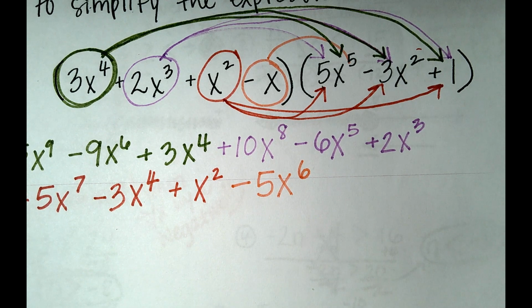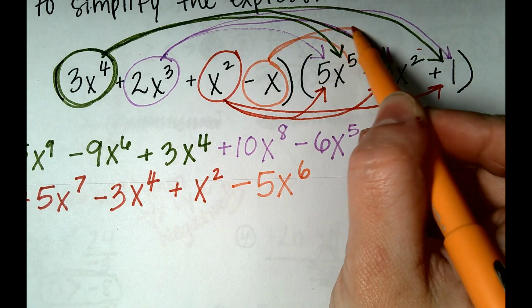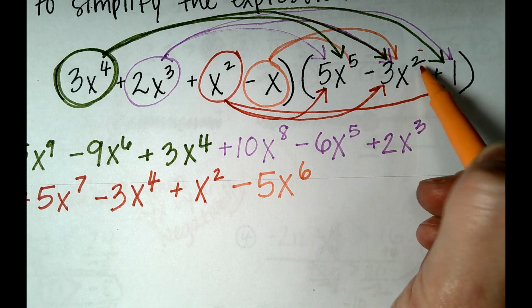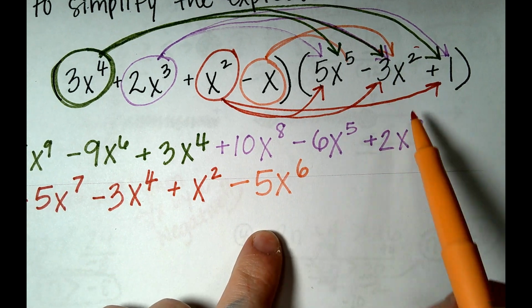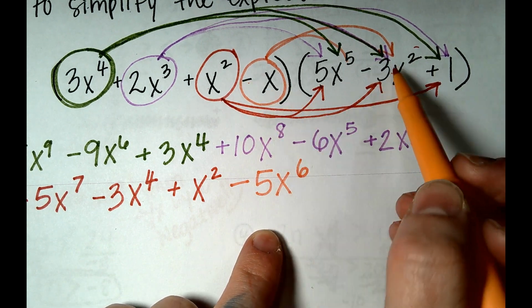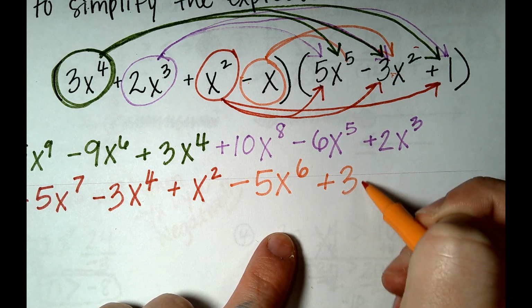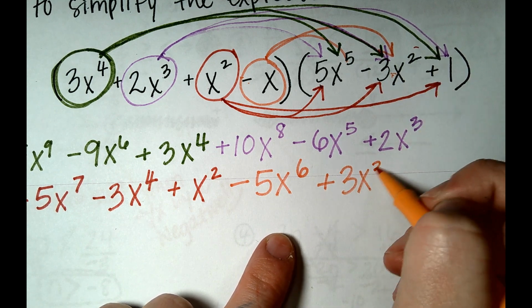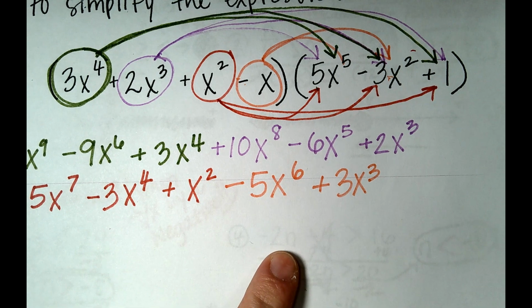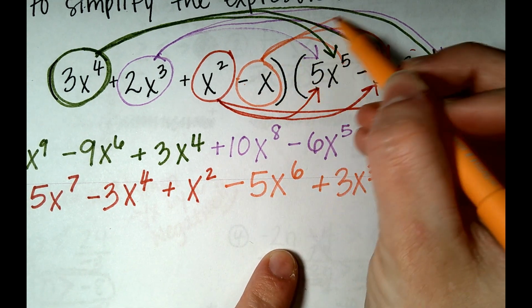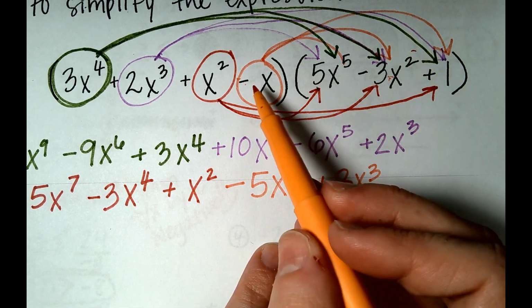Okay, now I have negative x times negative 3x squared. Yes, the negatives cancel. We have positive 3x to the 3rd power. And now one last negative x times 1.